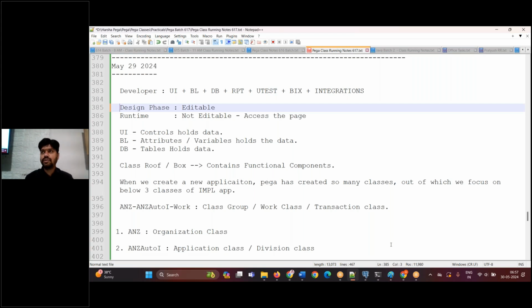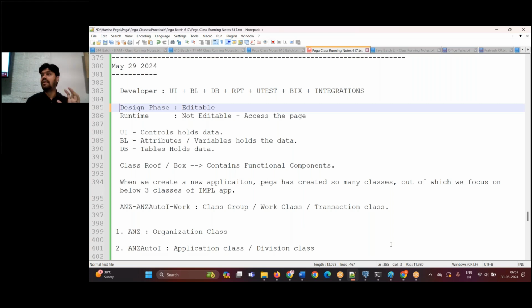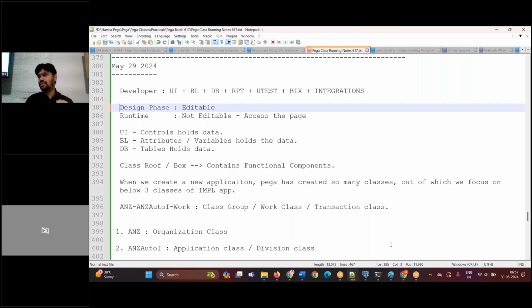Okay, so controls will be there on web pages: input controls, action controls, and display controls. Input controls mean text input, radio button, drop down. These are all input controls. Drop down is a select control, but that is also an input control. Then action controls are click controls, like buttons and labels.